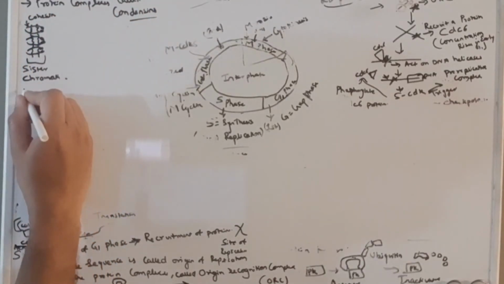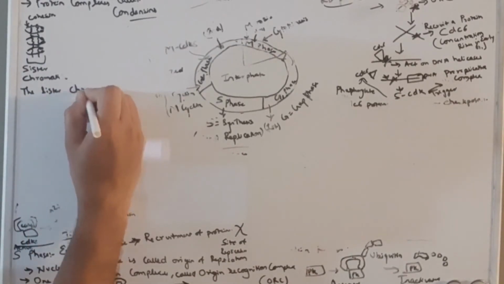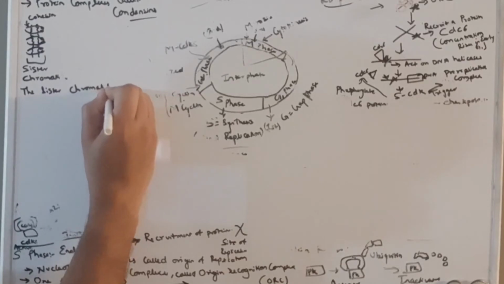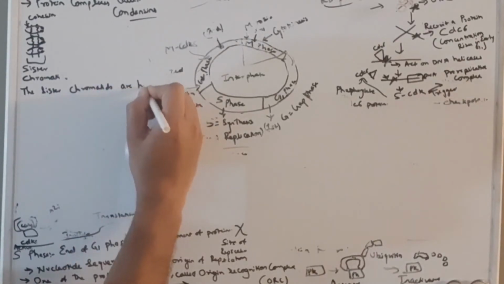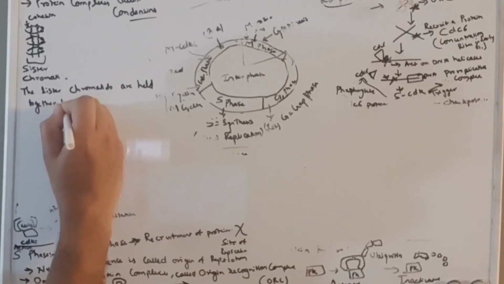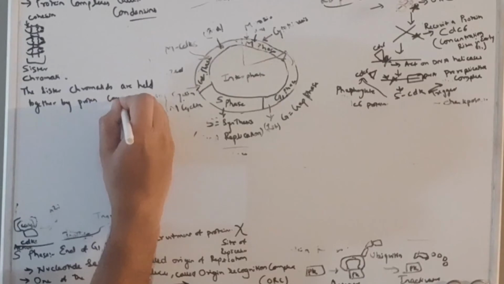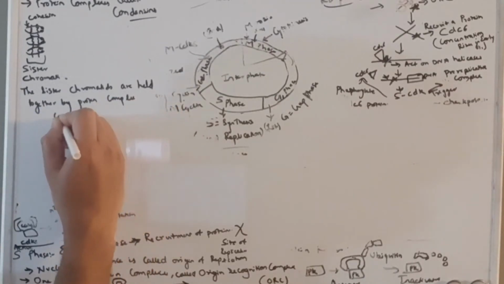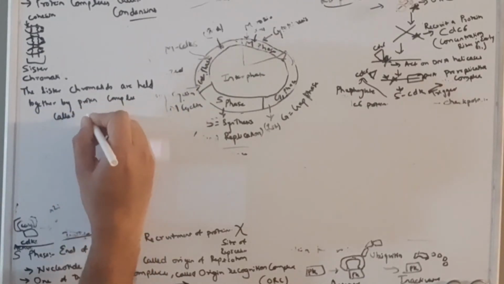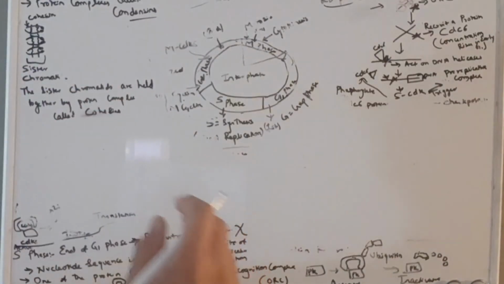All right, I'll write it down. Sister chromatids are held together by a protein complex called cohesins, right?